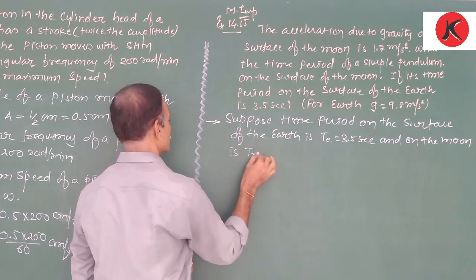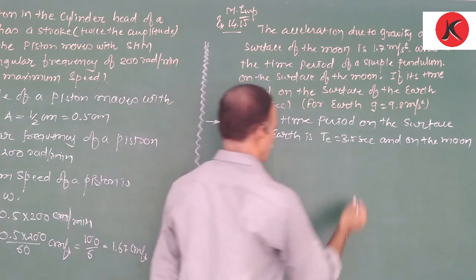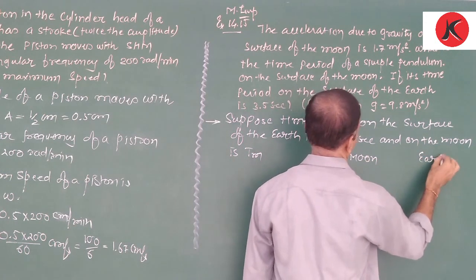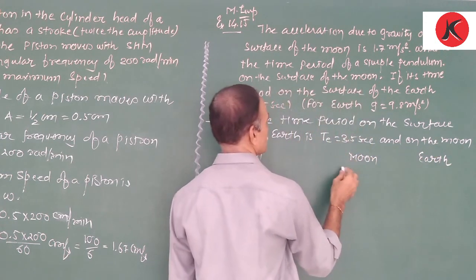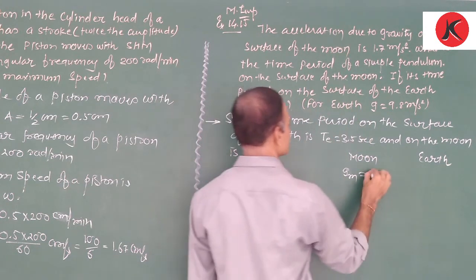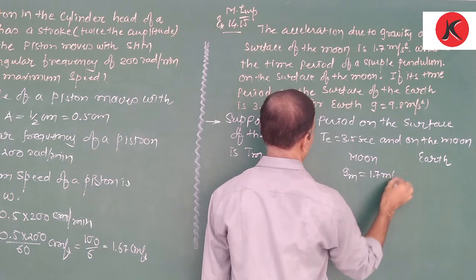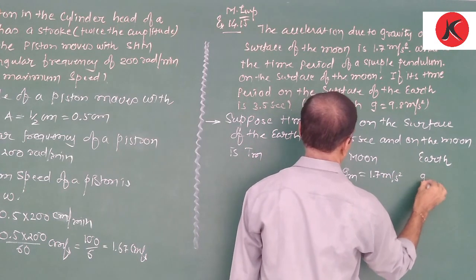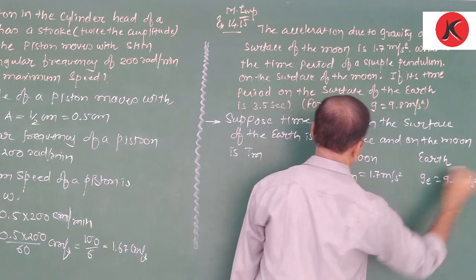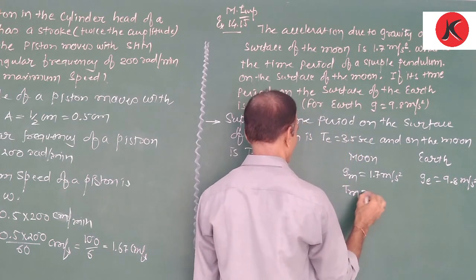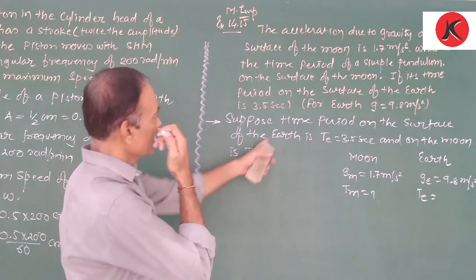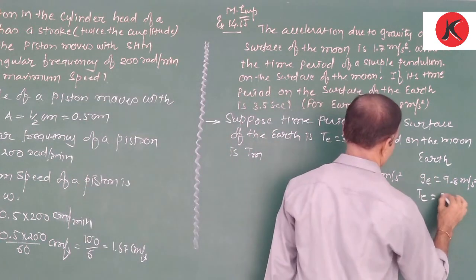We have to find out this. Now for moon and earth, values are given. On the surface of the moon, GM, acceleration due to gravity is given 1.7 meter per second square. On the surface of the earth, it is 9.8 meter per second square. We have to find out TM. TE is given, 3.5 seconds.